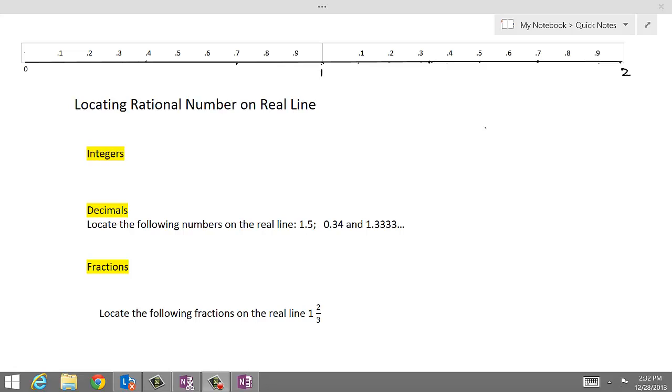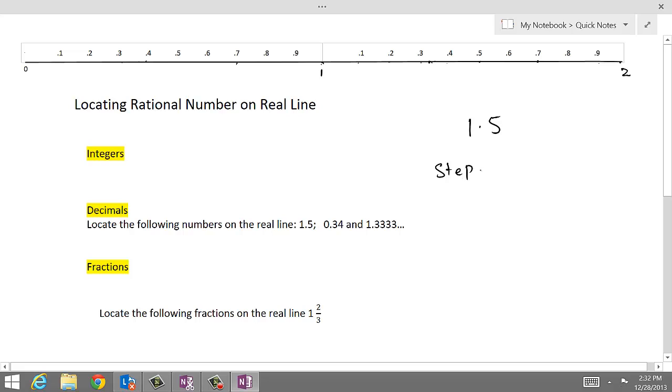For this we are going to take a typical decimal, 1.5. As step one, we will need to find out those two integers between which this number lies. Which integer is on the right side of 1.5? That's 2, which is called the ceiling.